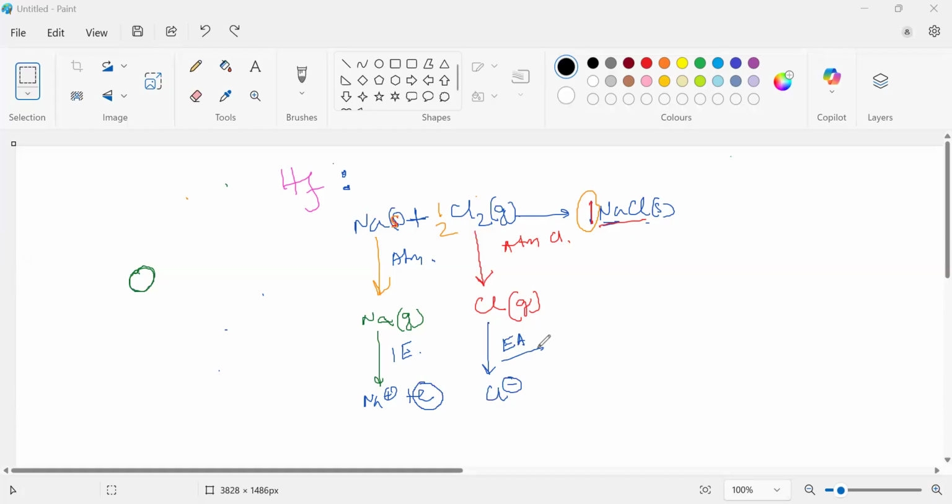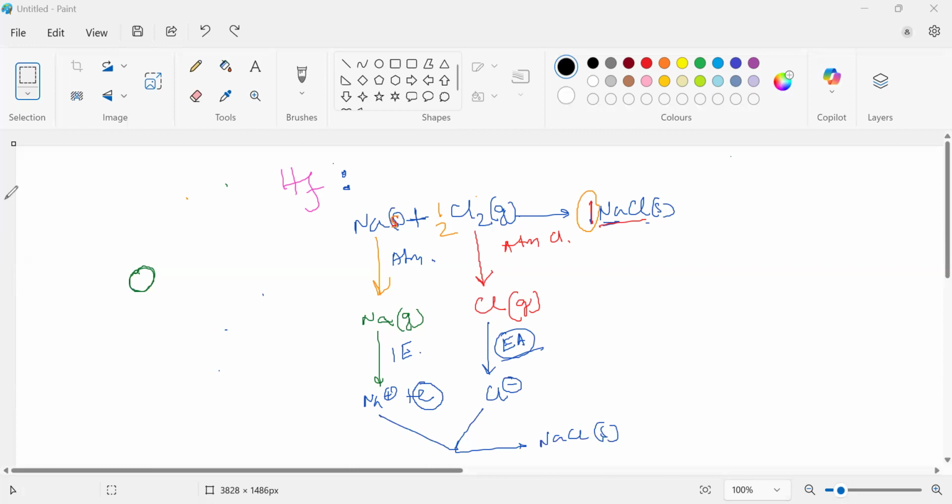Clear? This bit is clear. That's a very important thing. We have to master that whenever we are taking this part, the electron affinity. Next step. Now see, sodium ion and chlorine ion will be combining to give you NaCl solid. What is this step?